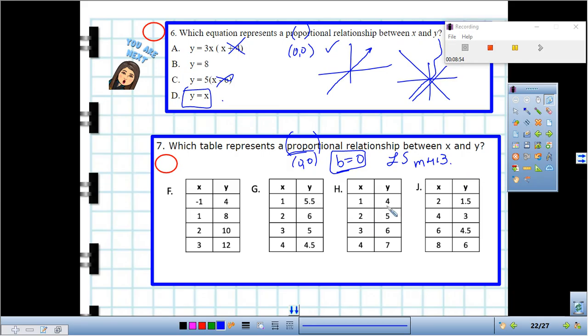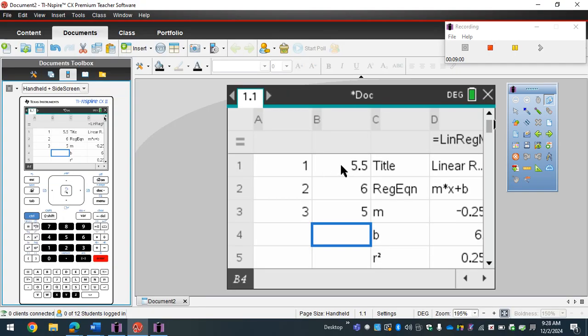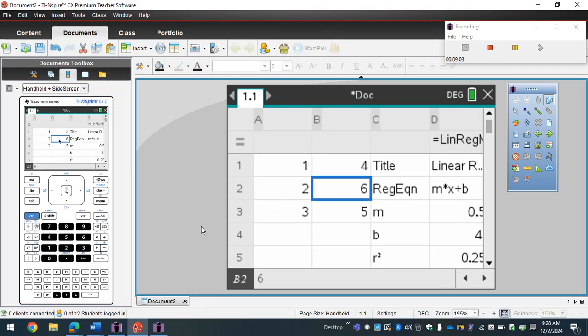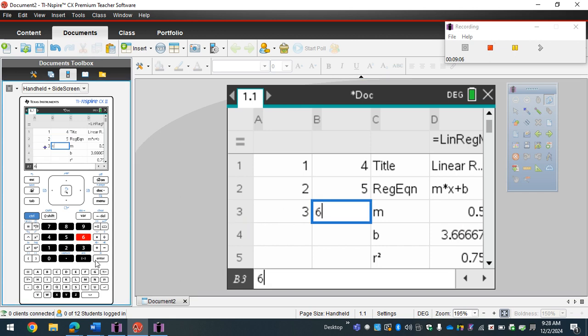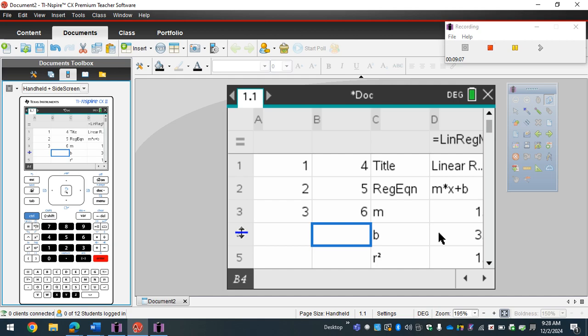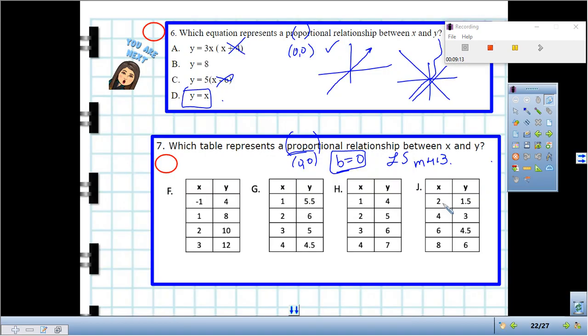1, 2, 3, 4, 5, 6. And what I'm looking for is that b be 0, so it can be proportional. Let's check the last one. 2, 4, 6.